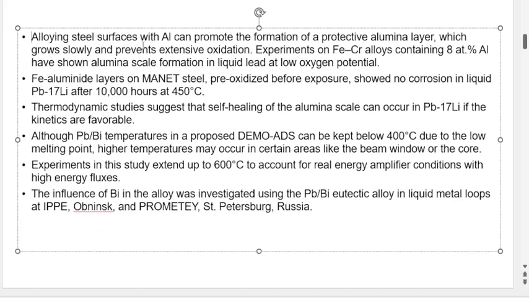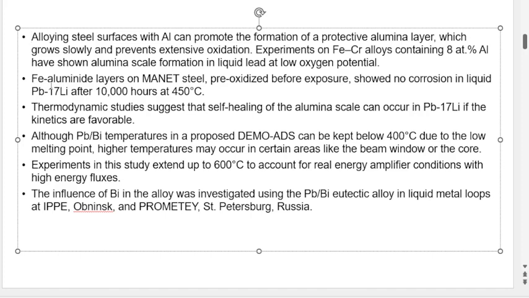Alloying the steel surface with aluminum can promote the formation of a protective alumina layer, which grows slowly and prevents extensive oxidation. Experiments on iron chromium alloys containing 8% of aluminum showed alumina scale formation in liquid lead at low oxygen potential.